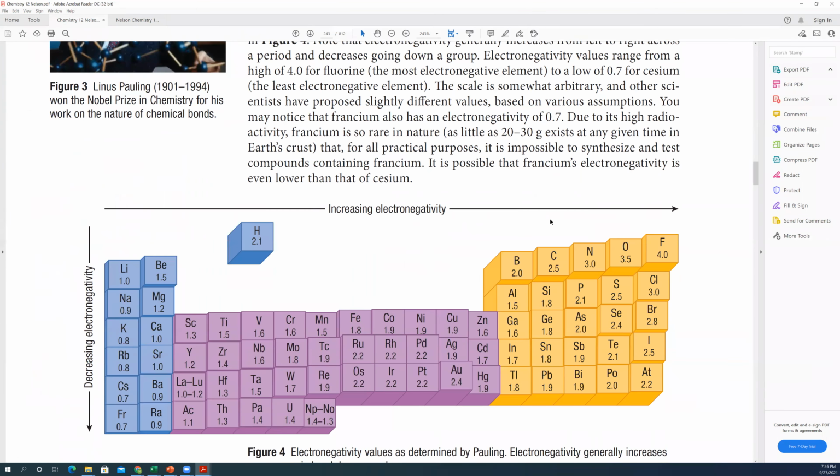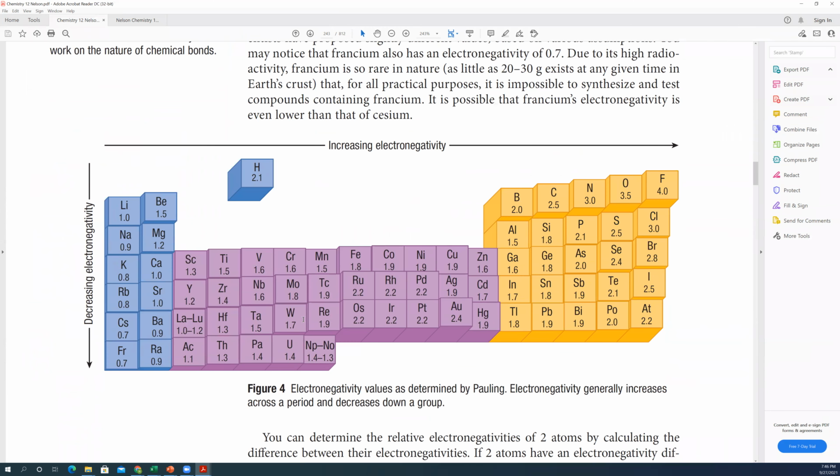Okay, so this table of increasing electronegativity shows that as you go down the periodic table, you get less electronegative, and as you go to the right, you become more electronegative. So you can see that those three atoms we talked about, nitrogen, oxygen, fluorine, are amongst some of the most electronegative members of the periodic table, NOF.